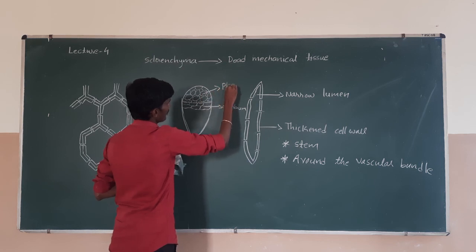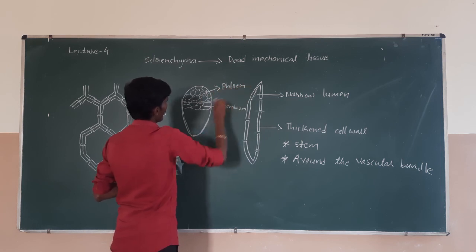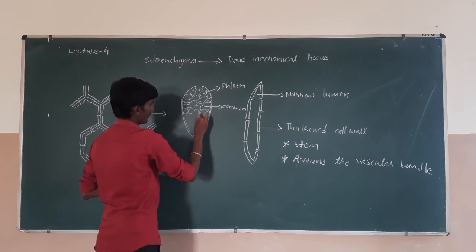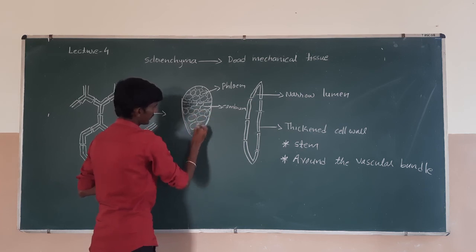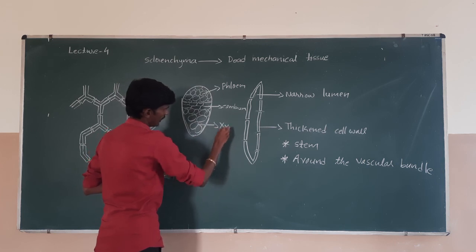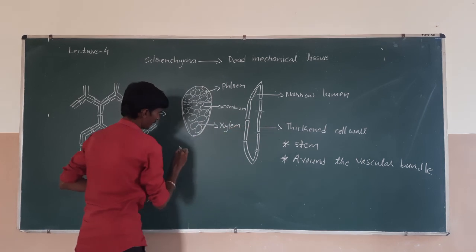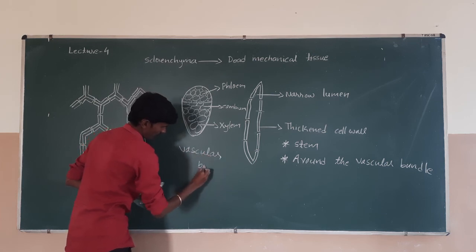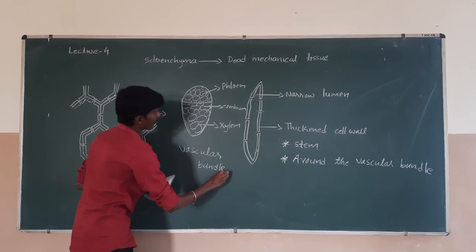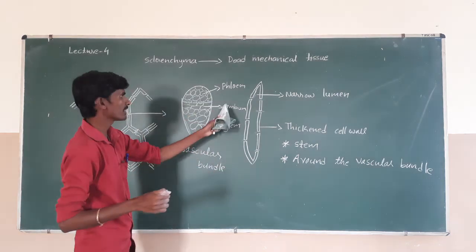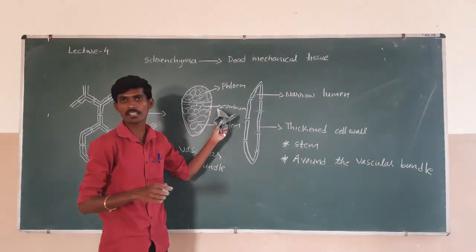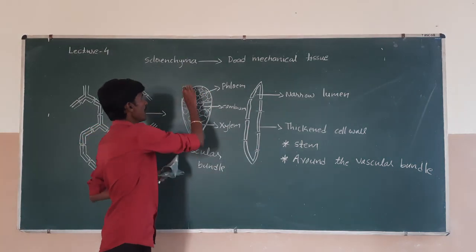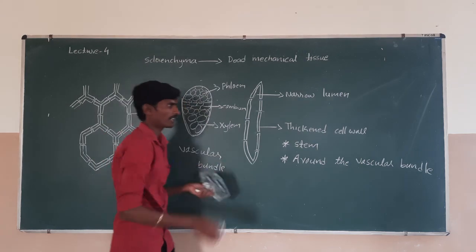And this region is called the xylem. All together it is called the vascular bundle. The phloem and xylem are separated by the strip-like cambium. Around the vascular bundle, the sclerenchyma is present.